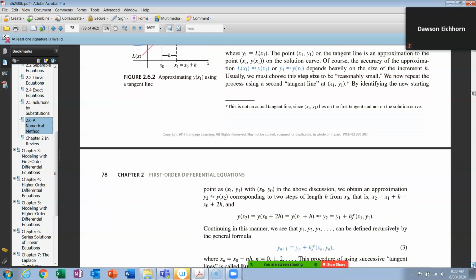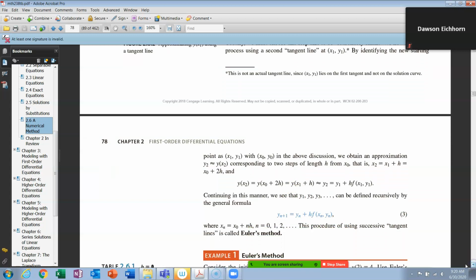Now, continuing that, here's your recursive formula. Notice what we got. Let me scoot it on up so I don't trigger that. Okay. So notice what we got. y sub n plus 1, this would be our y2, is y sub n plus h, your step size, times f, that function you know already, at xn, yn.